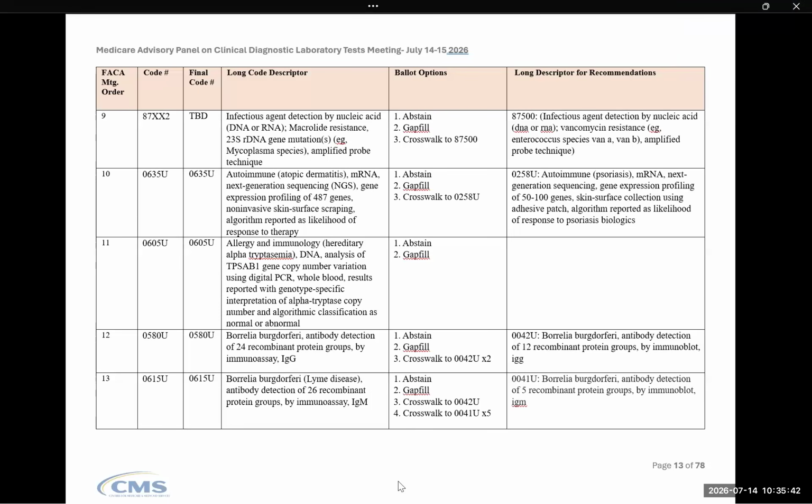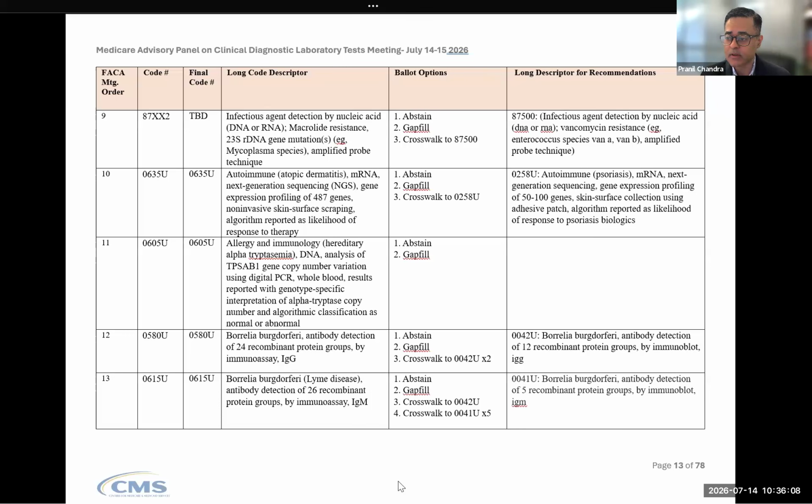All right, next up we have 0605U, and Dr. Chandra will be taking this one. Thank you. And so I did evaluate this code. And before I get into my recommendation, I just wanted to say a quick thanks to all of the presenters who did come forth and give some really great presentations and recommendations. That's very helpful to the panel members.